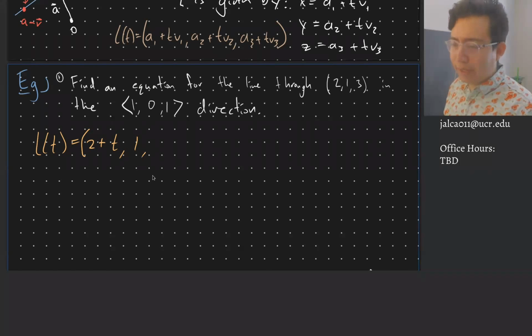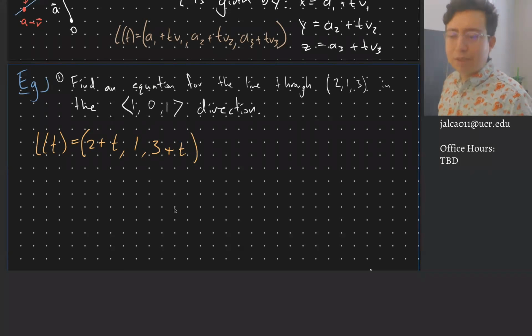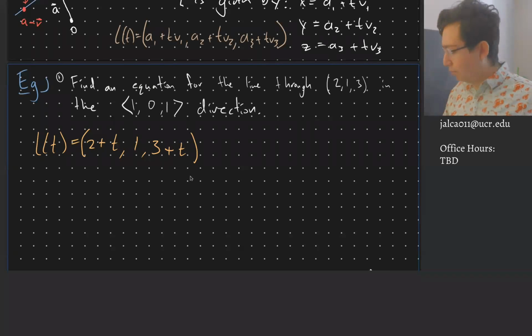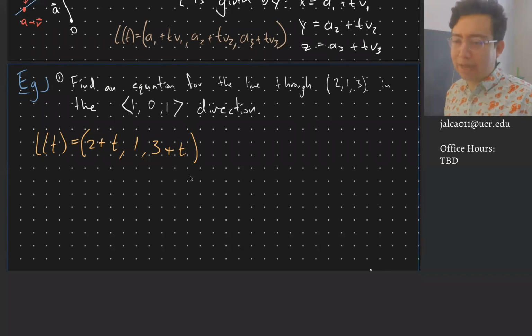And then the third coordinate is A3, which is 3 plus T times V3, which is also just 1. And that's it. That gives us the parametric equation for that line. You could also write it as x equals 2 plus t, y equals 1, z equals 3 plus t. Right, those are equivalent.